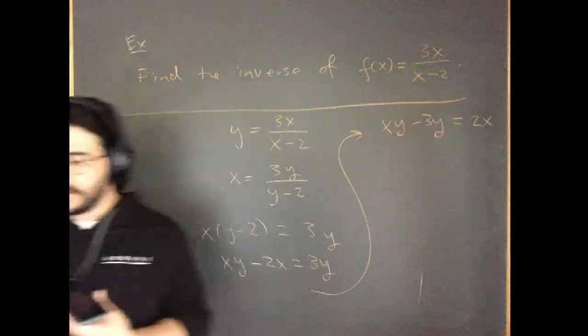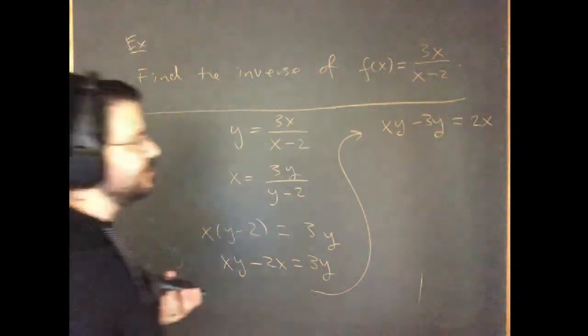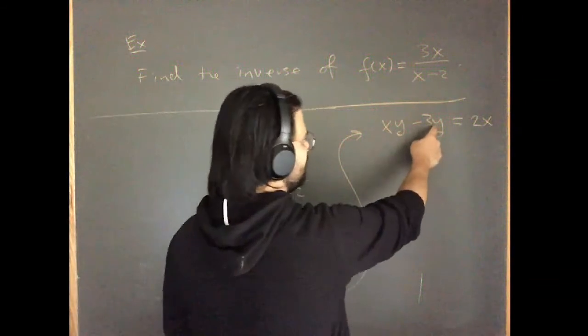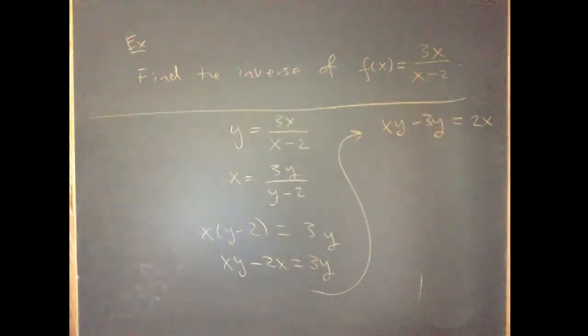Okay, so what should I do next? How am I going to isolate that y on its own? What's my next step here? Well, we can't quite divide by x, because if we divided by x, we'd have 3y over x on this term. There's no x here. So we don't want to divide by x. How will we get y on its own?